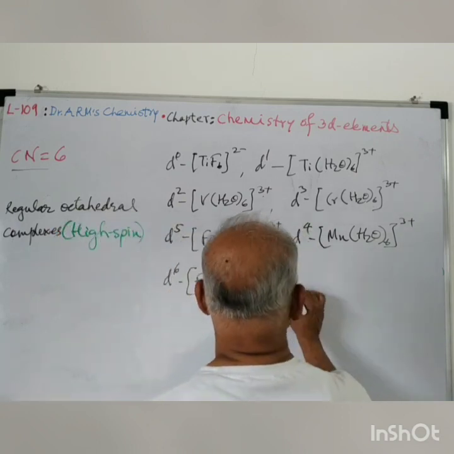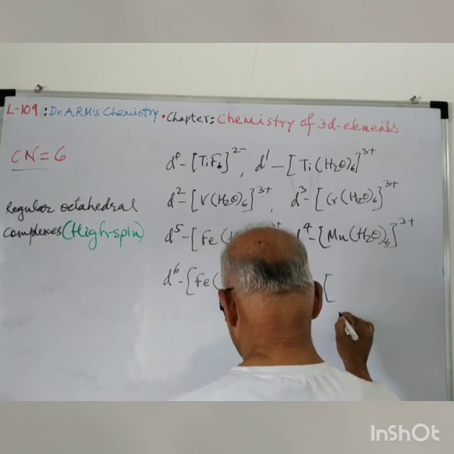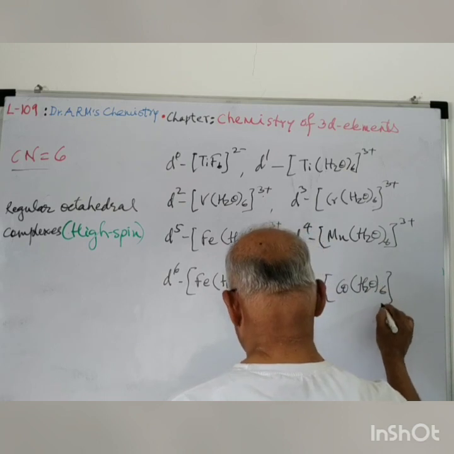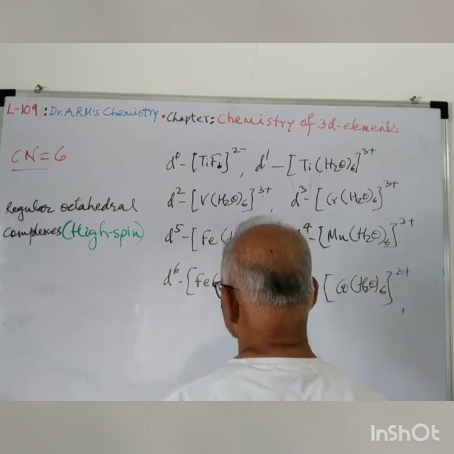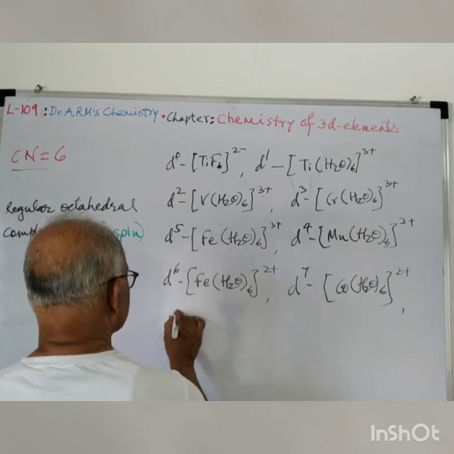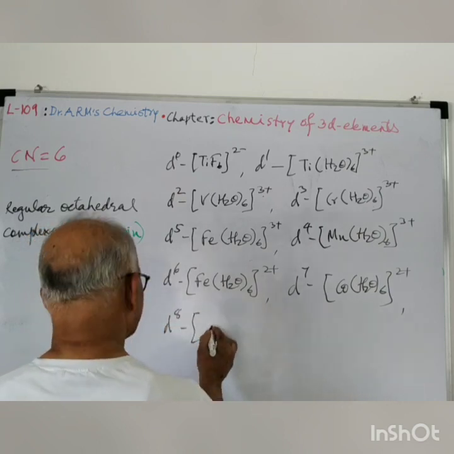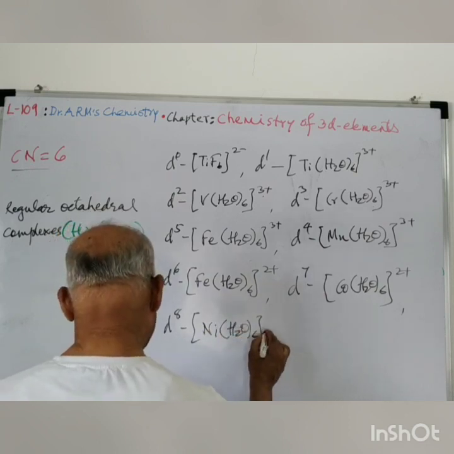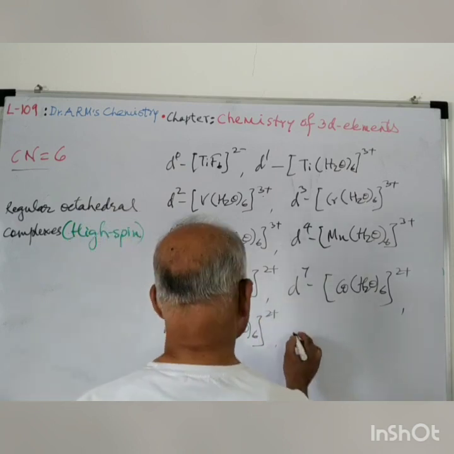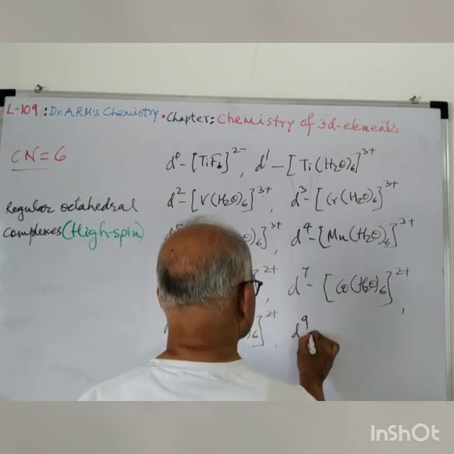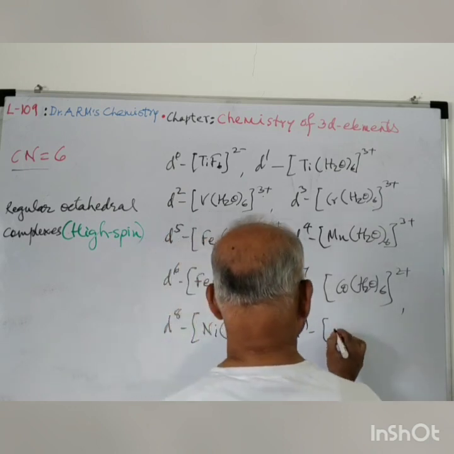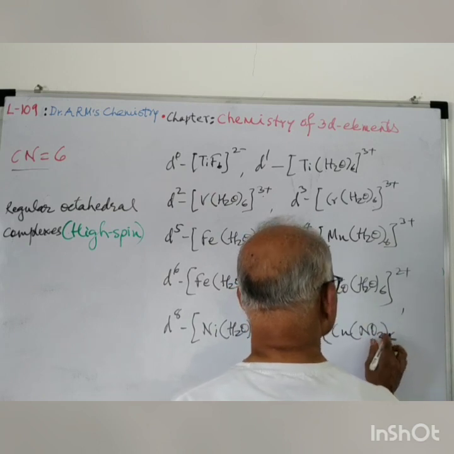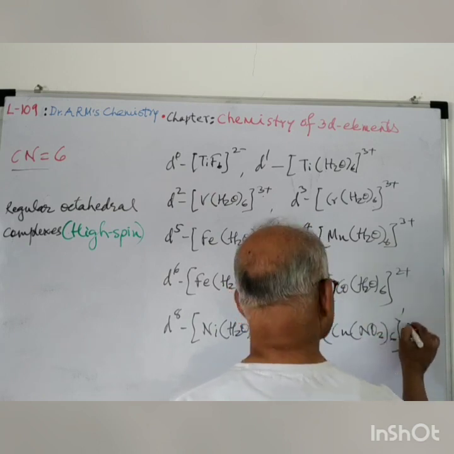Then with the d7 configuration, we have Co(H2O)6 2+. d8 configuration has the example Ni(H2O)6 2+. d9 configuration has Cu(NO2)6 4 minus.